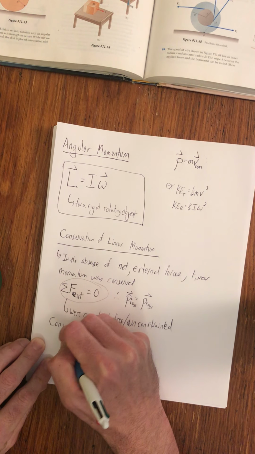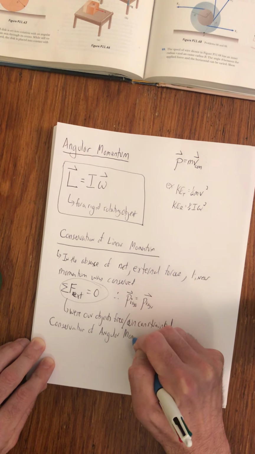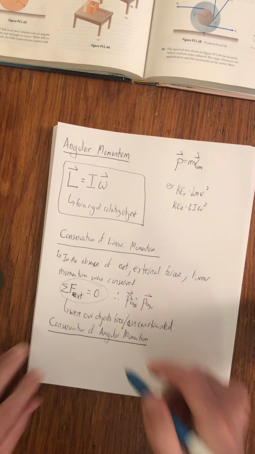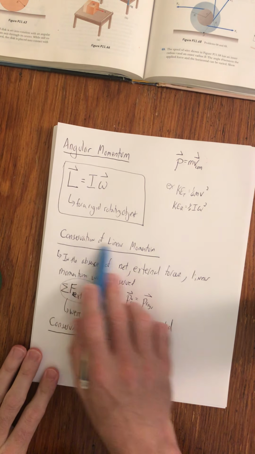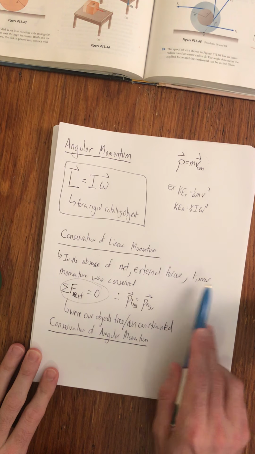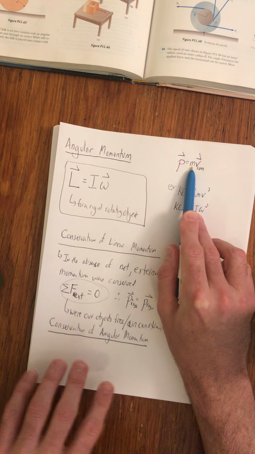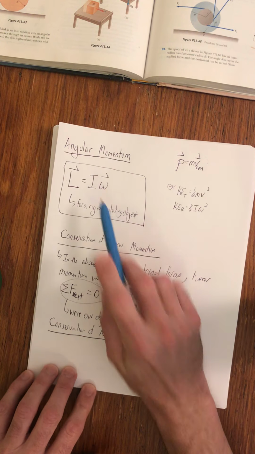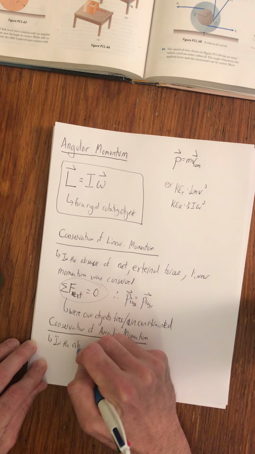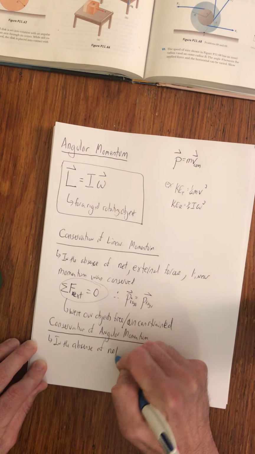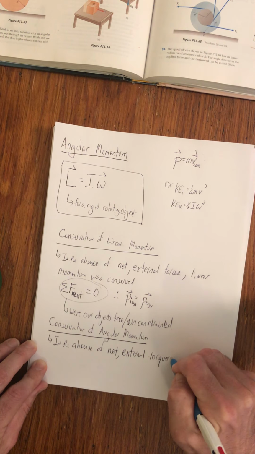So now if I want to talk about the conservation of angular momentum, the condition is not the same, but you could probably guess at the condition. If linear momentum is conserved in the absence of net external forces, and angular momentum is just taking the translation of the translational terms to the angular, I think you can take a guess that this must be in the absence of net external, and if you guess the word torques, you're right.